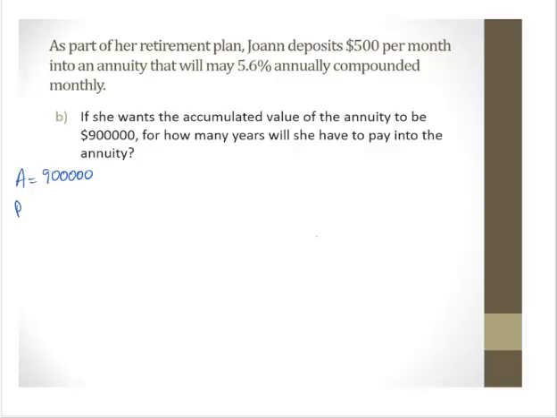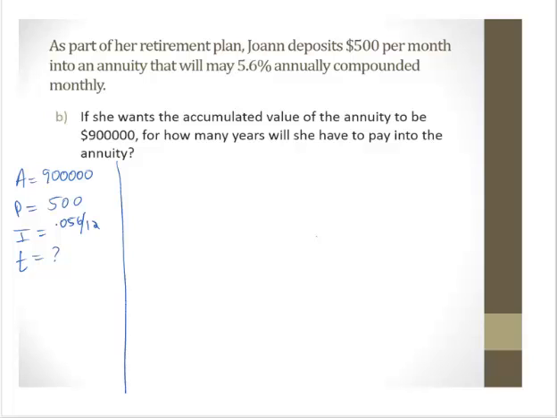We have the value of P, which is still 500. Our I is the same. Our T is unknown. The I again is 0.056 over 12.